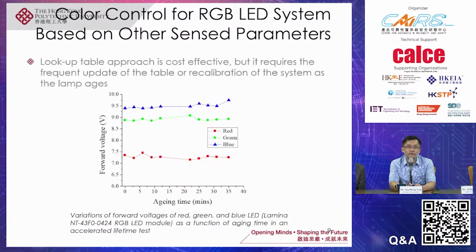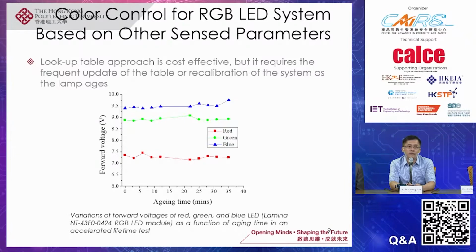As you can see from the next page, the forward voltage of the LED actually changes as it ages. Therefore, if we apply the previous two methods for color control, it will require a lot of frequent calibration to maintain the performance of the system.